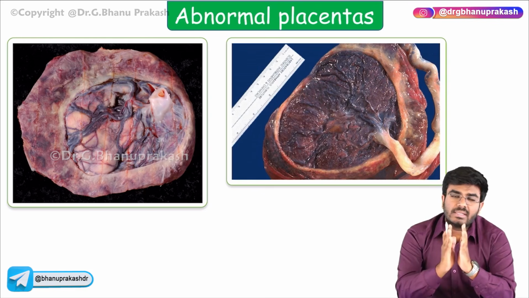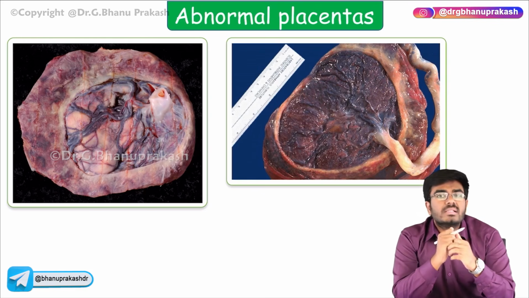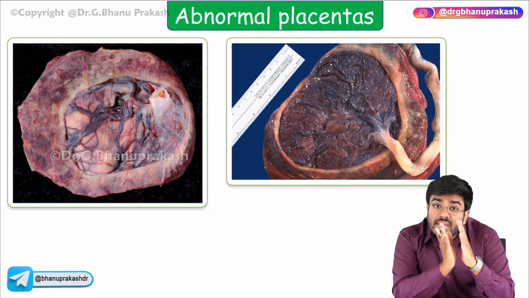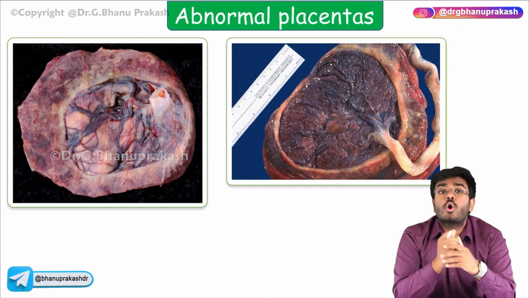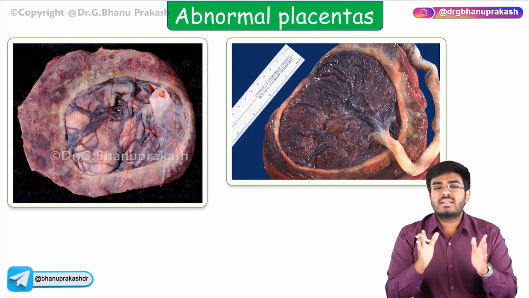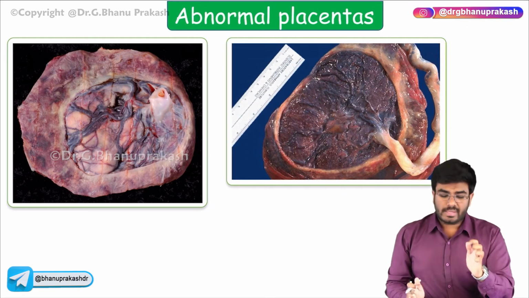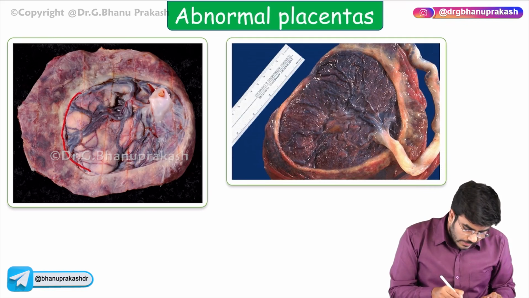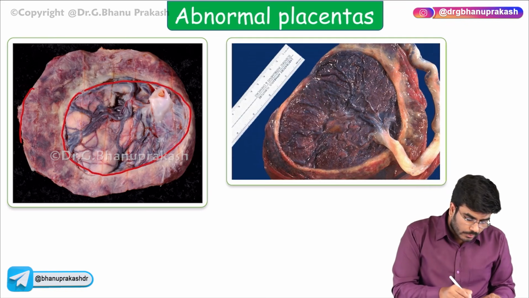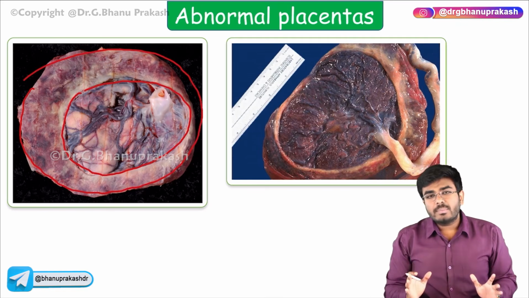In the placenta there are two sides: the maternal side, known as the basal plate, and the fetal side, known as the chorionic plate. The main problem with circumvallate and circummarginate placentas is that the chorionic plate is smaller in size compared to the basal plate. So this is the main problem.